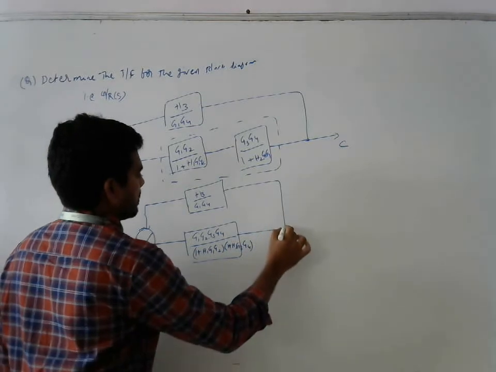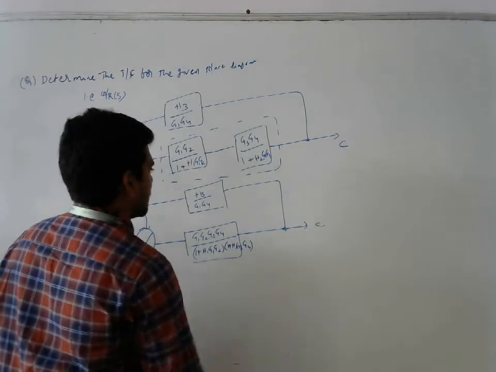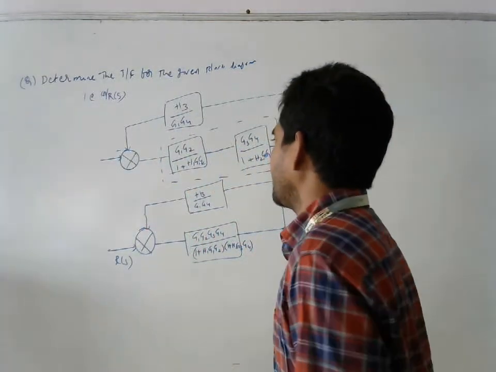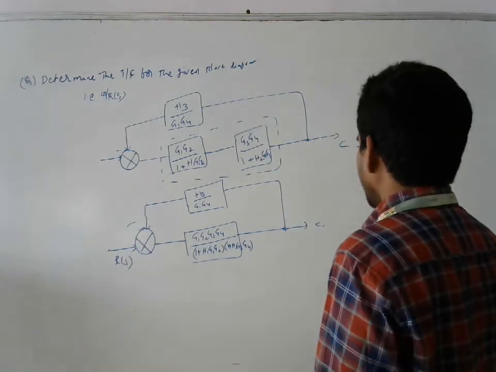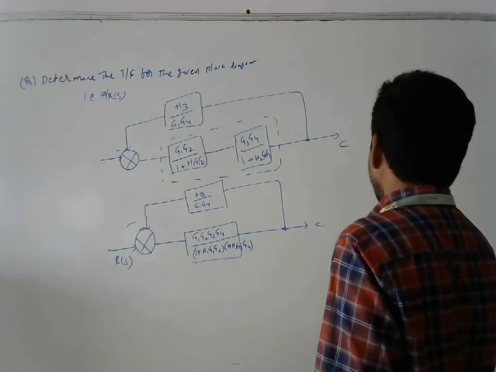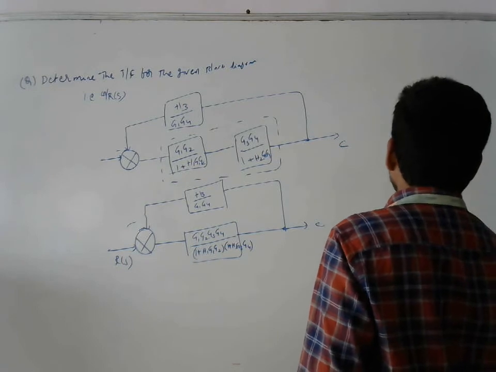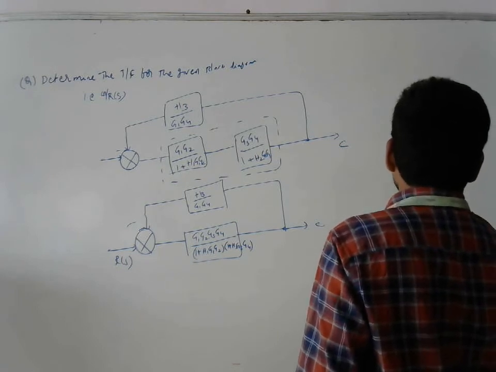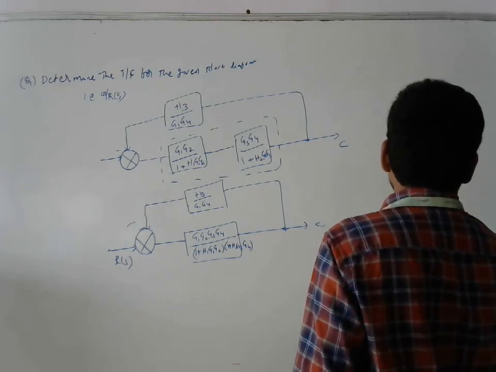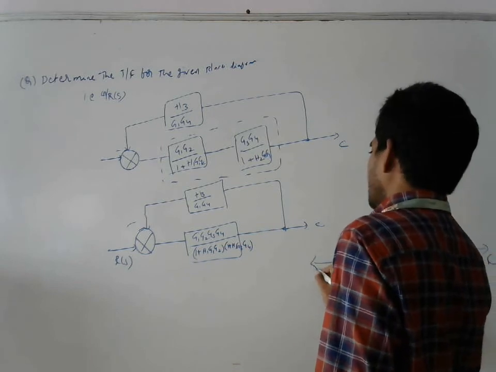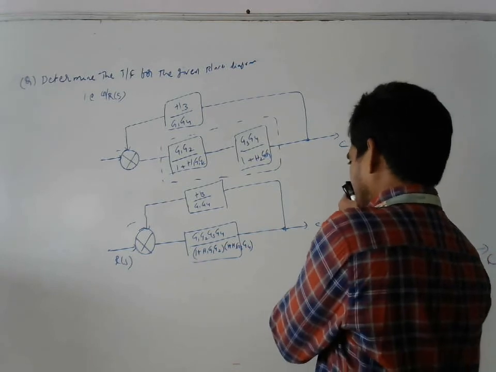This is your feedback again. You need to apply the negative feedback system. So what is the negative feedback? Finally we are getting one big block like this, and this is your C of S, and this is our input R of S.